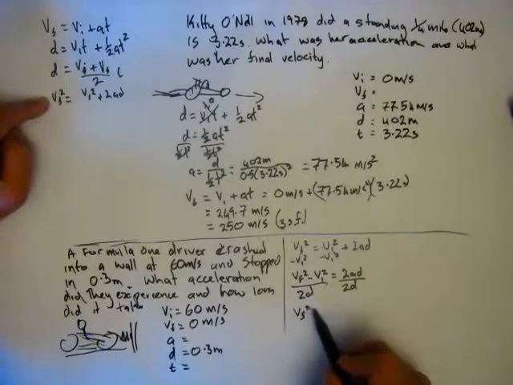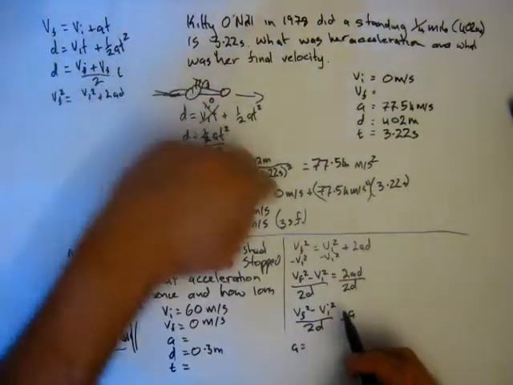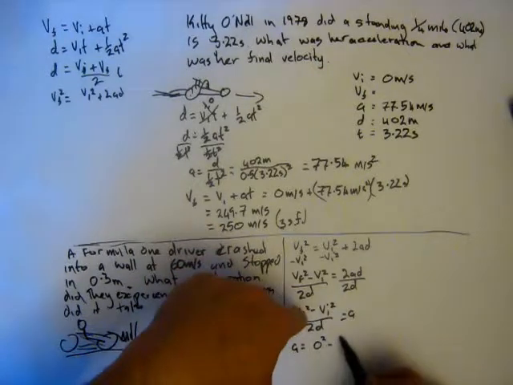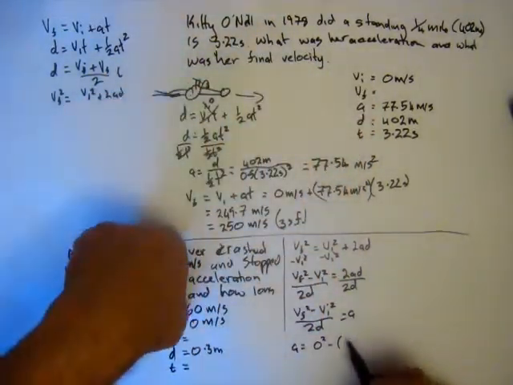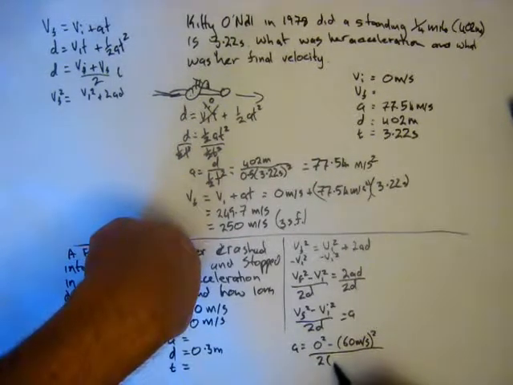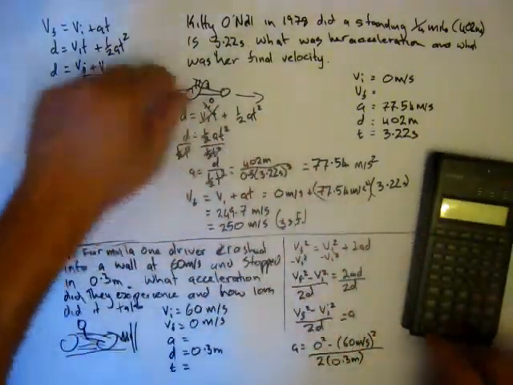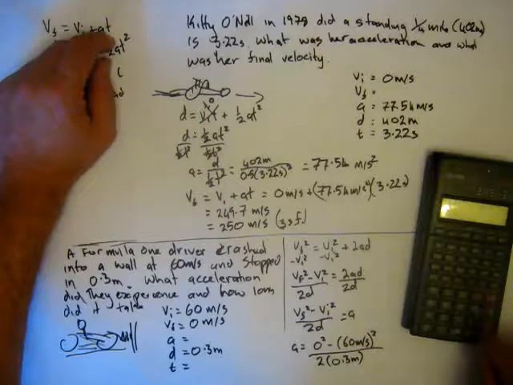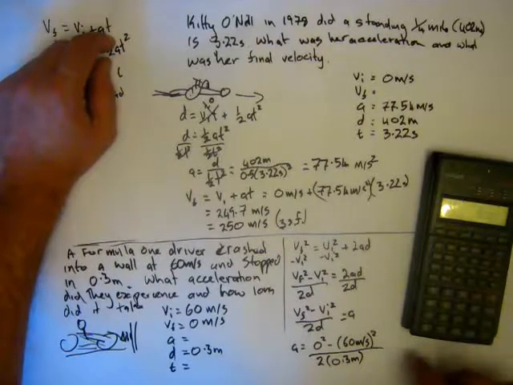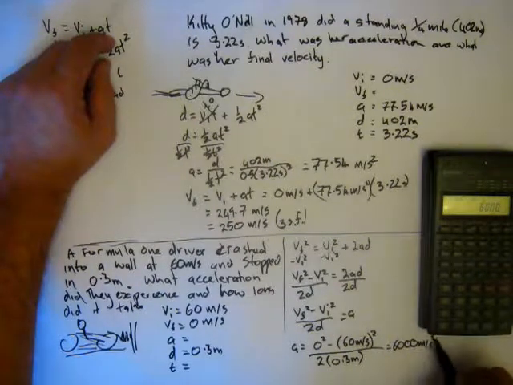So Vf squared minus Vi squared over 2d equals a. a equals, well, Vf squared is 0 minus 60 meters per second squared over 2 times the distance, which was 0.3 meters. So we're going to go 60 squared divided by 0.6. 6,000 meters per second squared.